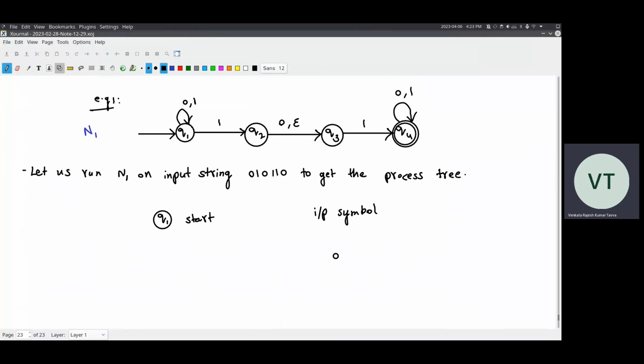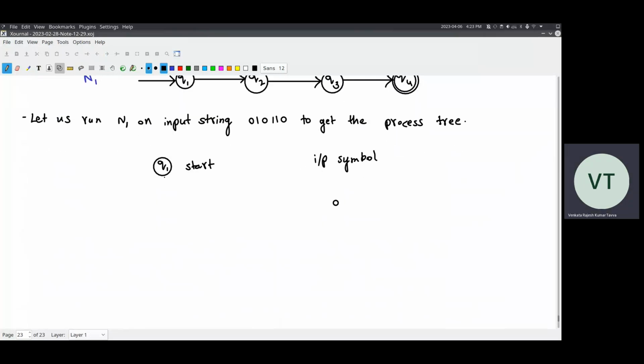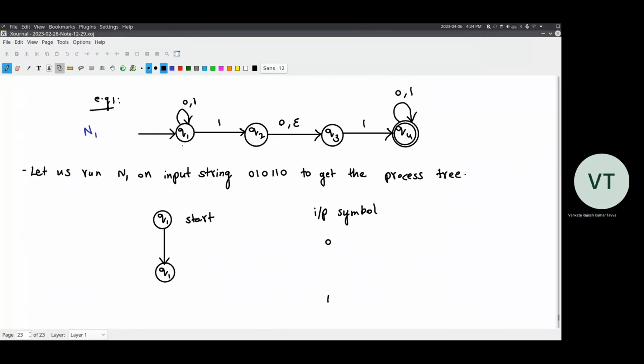Just Q1. Okay, so Q1 on 0, it goes to Q1. And then next symbol is 1. Okay, so on 1, Q1 goes to Q1 and Q2.